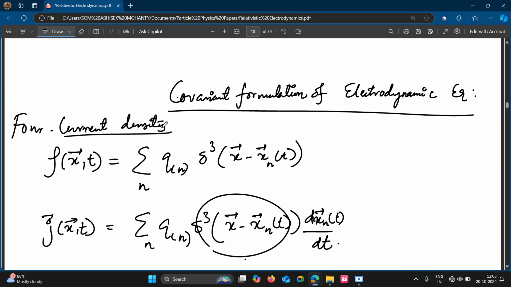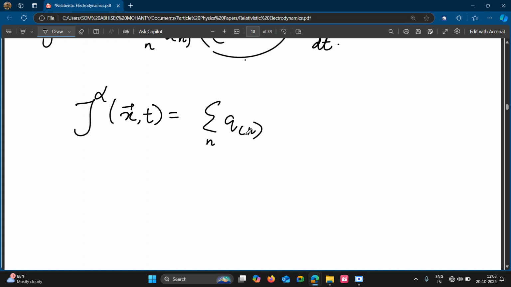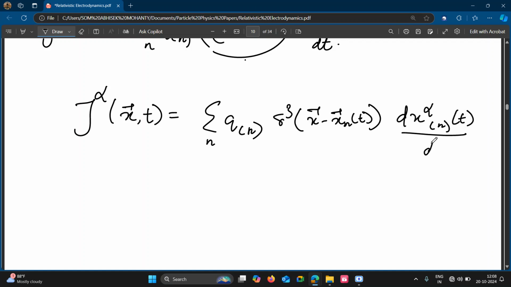So your four current density will be J alpha of x,t equal to the summation over n of qn delta cubed of x minus xn(t) times dx alpha n(t) divided by dt. So this is an expression for the four-dimensional current density.